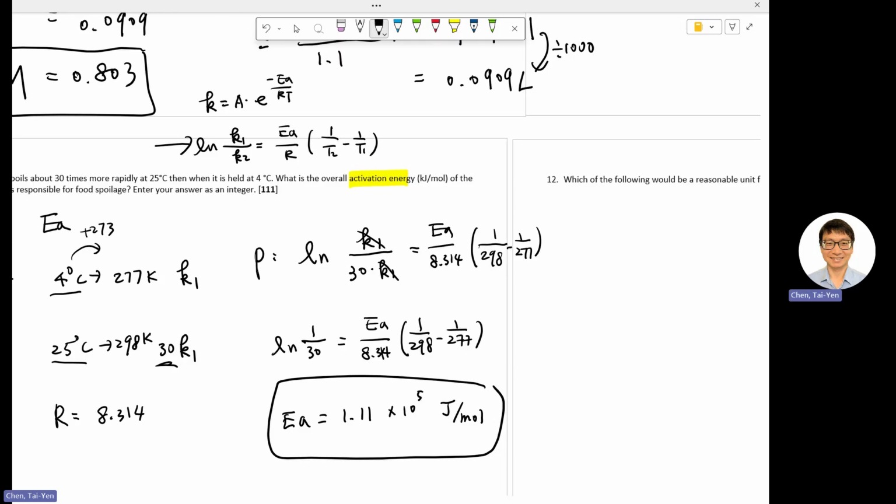So that's how you solve this type of question. Any questions so far? Is it for the kJ? Yeah, then divide by 1,000.